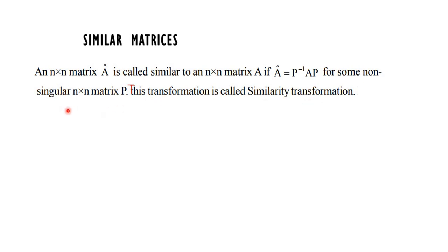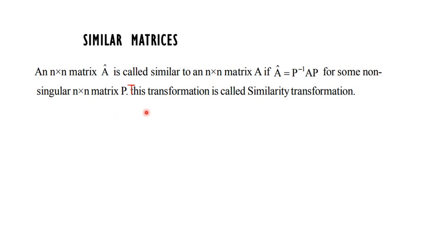If two matrices A and A cap are similar matrices, then the determinants of these two matrices are the same, the characteristic equations of A and A cap are the same, and the eigenvalues of A and A cap are the same.